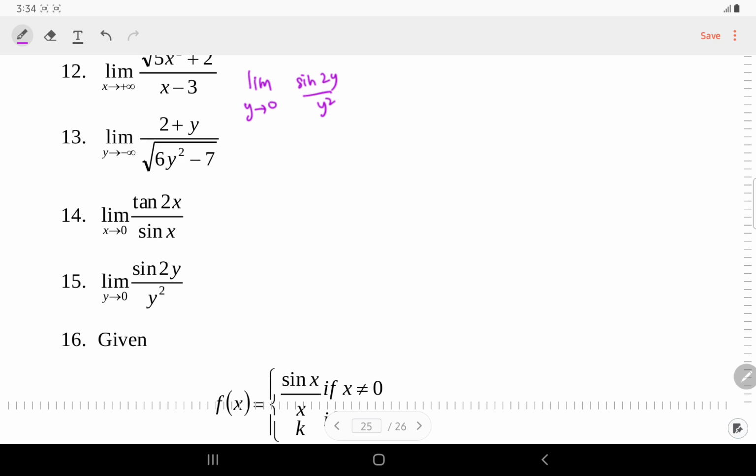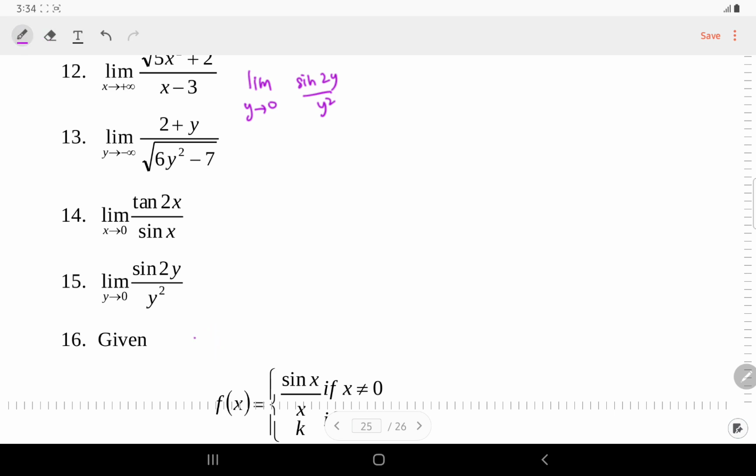Okay, so we need to use squeezing theorem, because if we directly substitute the value of y equal to 0, we will get 0 divided by 0, which is error, ataupun undefined. So we need to use squeezing theorem.